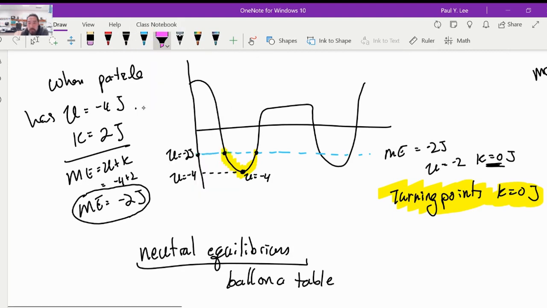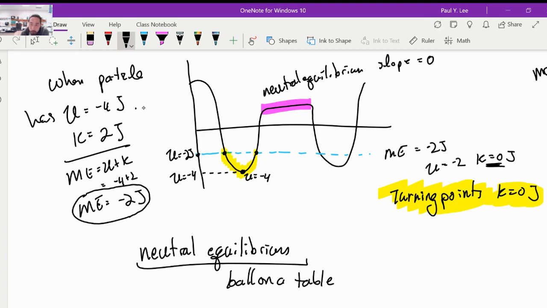Let's do this beautiful purple here. This is what we call neutral equilibrium. And here we can see that there's a long stretch where your slope is equal to 0. And the important part is that you have a pretty wide area of constant slope of 0.